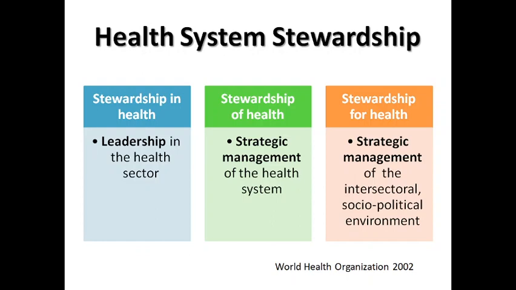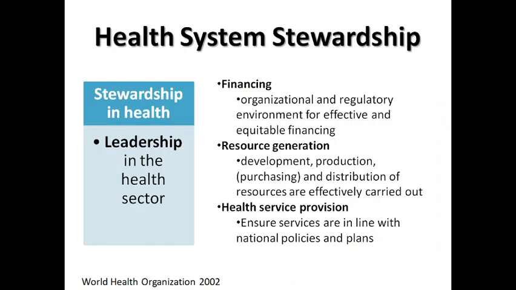The second is stewardship of health, which involves strategic management of the health system. And the third is stewardship for health, the strategic management of the intersectoral, socio-political, and environmental factors. So stewardship in health, meaning leadership in the health sector, will actually mean stewardship in financing, in resource generation, and in health service provision.